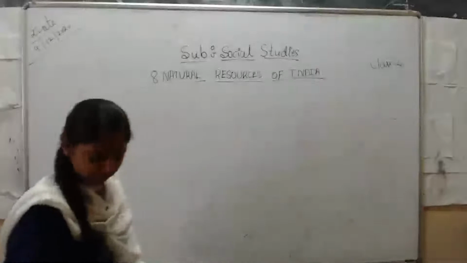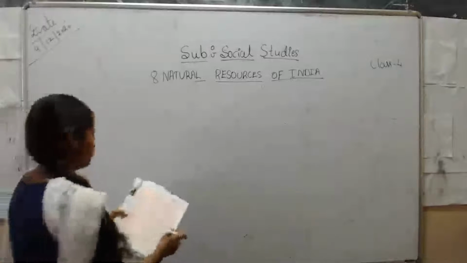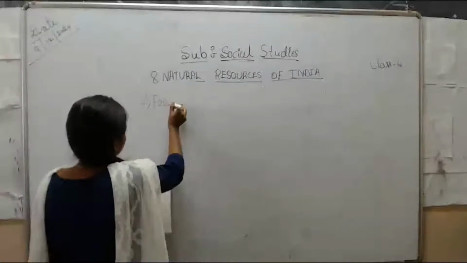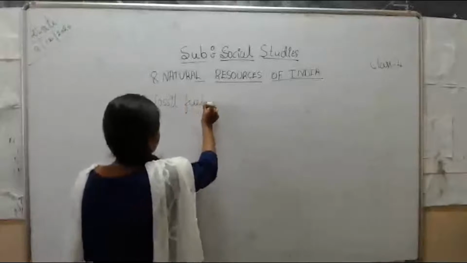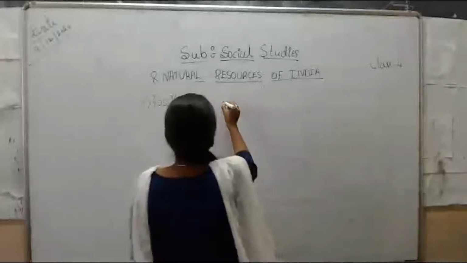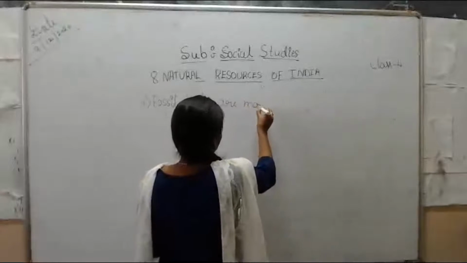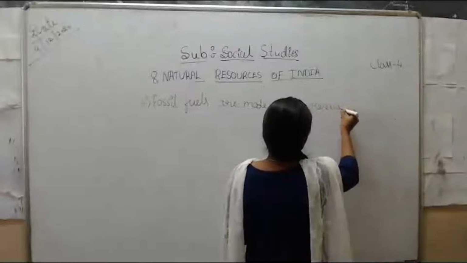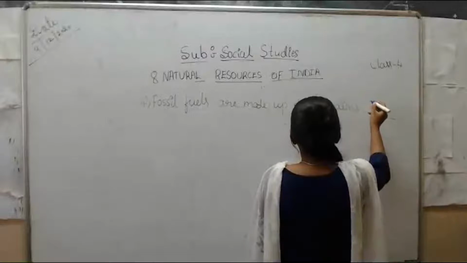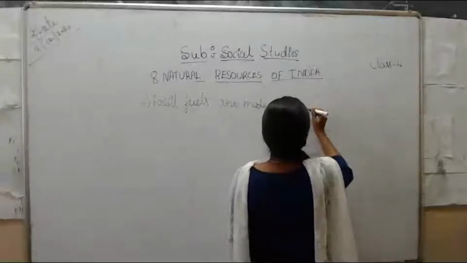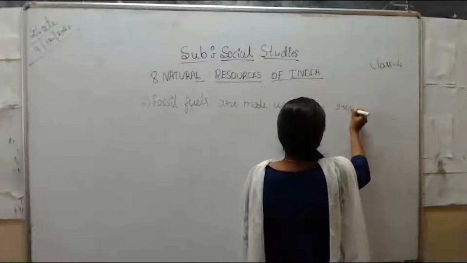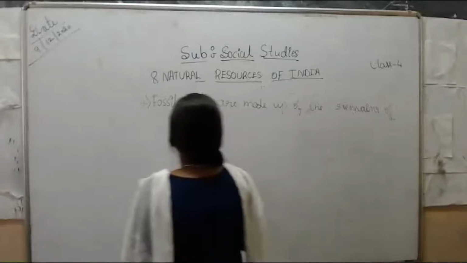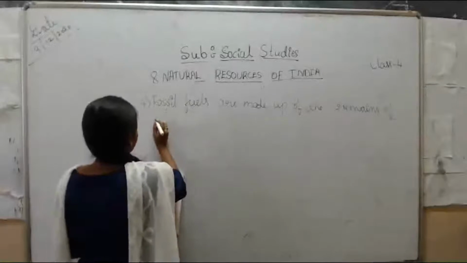And there is a fourth question: fossil fuels are made up of the remains of dash. So how are fossil fuels made, they are asking.